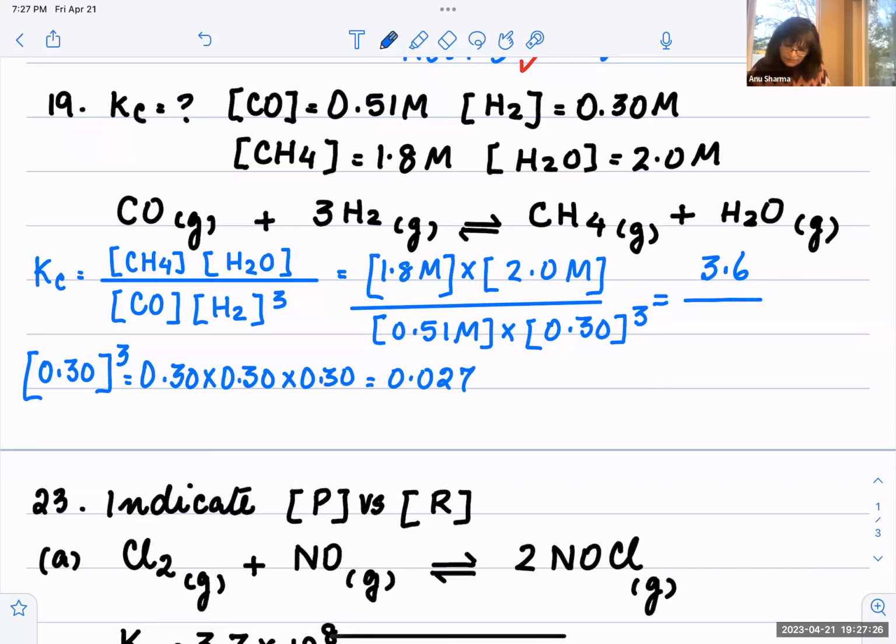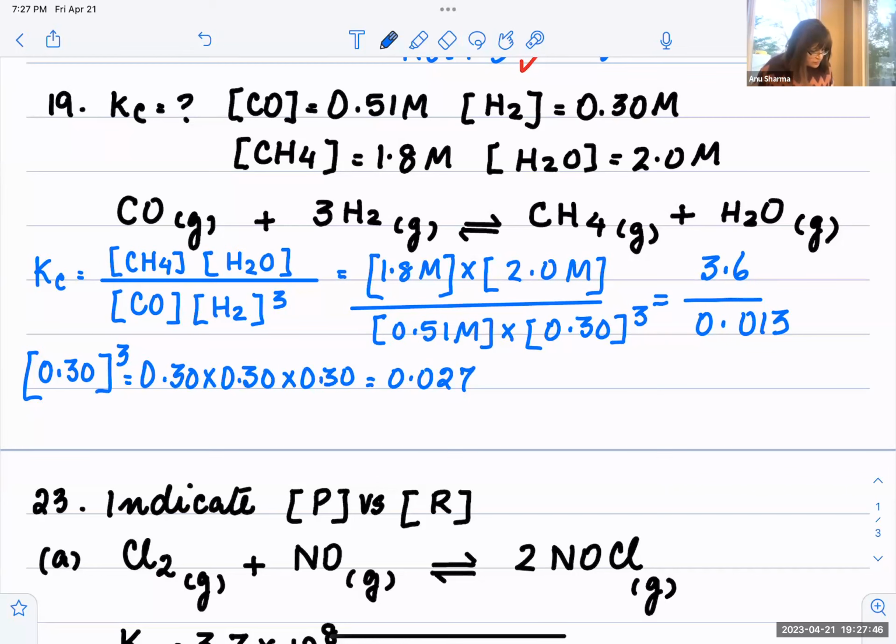Times 0.51 is 0.013. So 3.6 divided by 0.013 gives you 276.92.